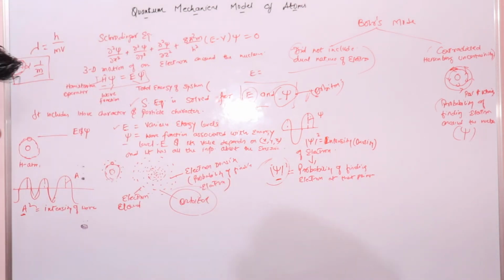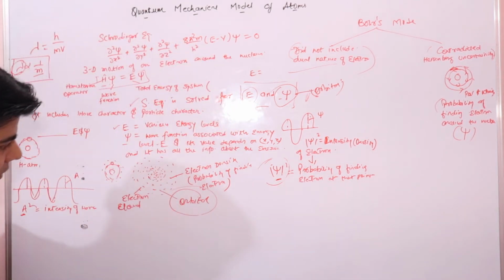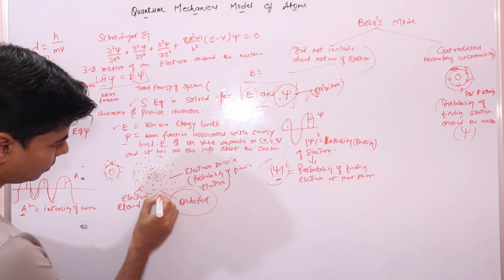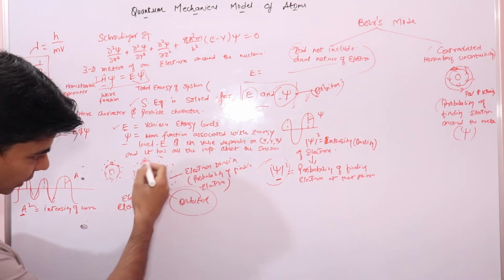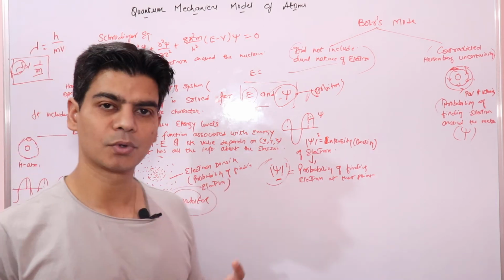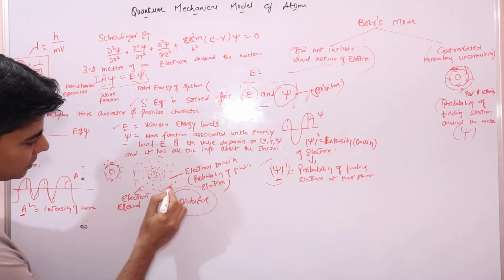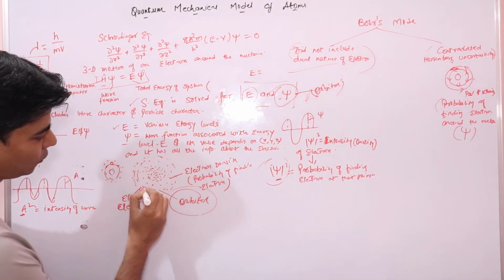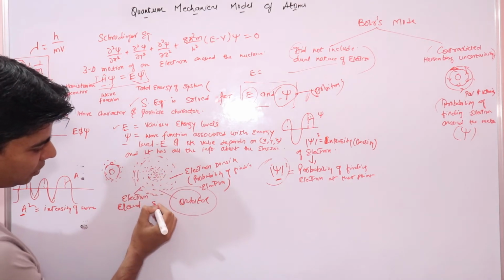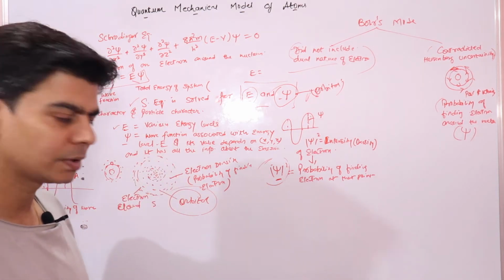And the other thing is that we said this is the electron cloud, and we called this electron cloud an orbital, where there is maximum probability of finding an electron, right? The kind of shape it makes is the shape of the orbital. If we talk about this shape, this is a spherical orbital, right?